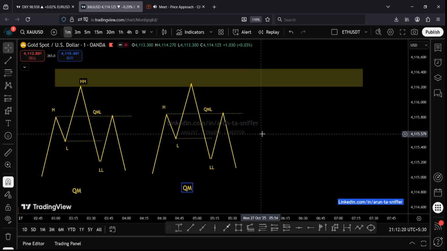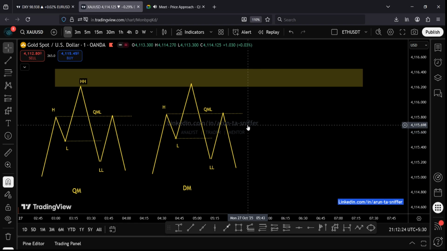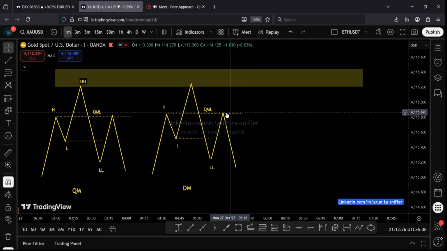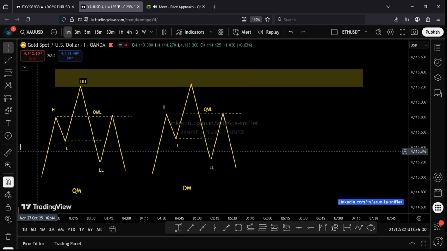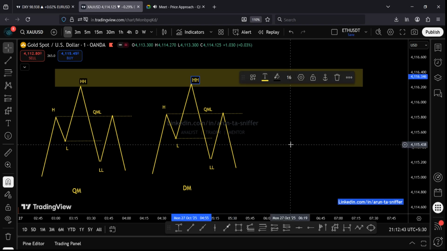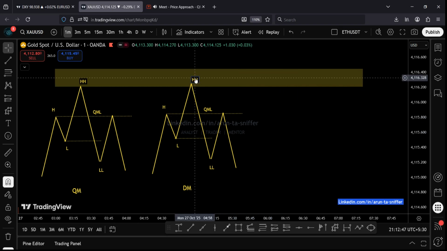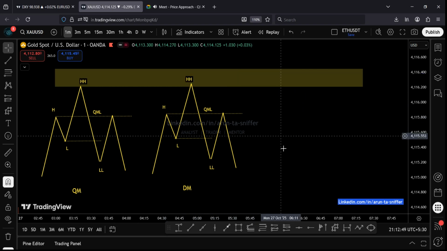So in DM, diamond, what happens? Price goes up and crosses this higher high. This is the higher high. Price goes up again.